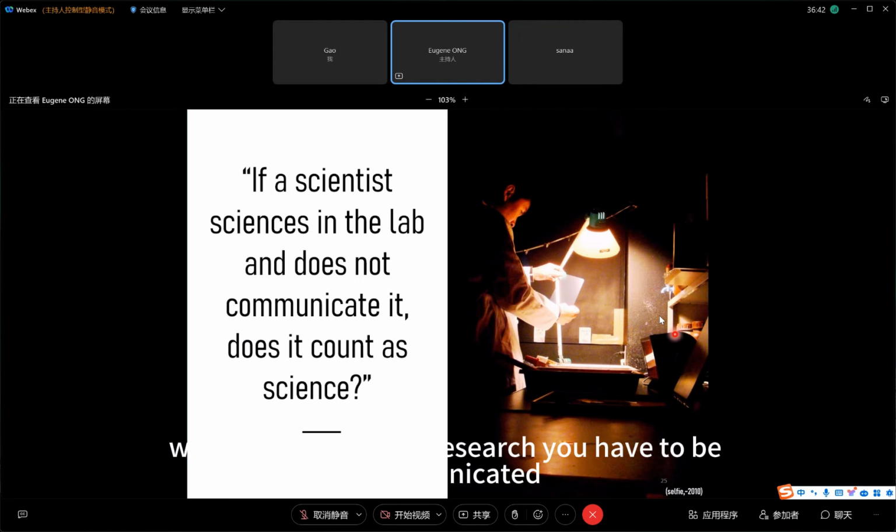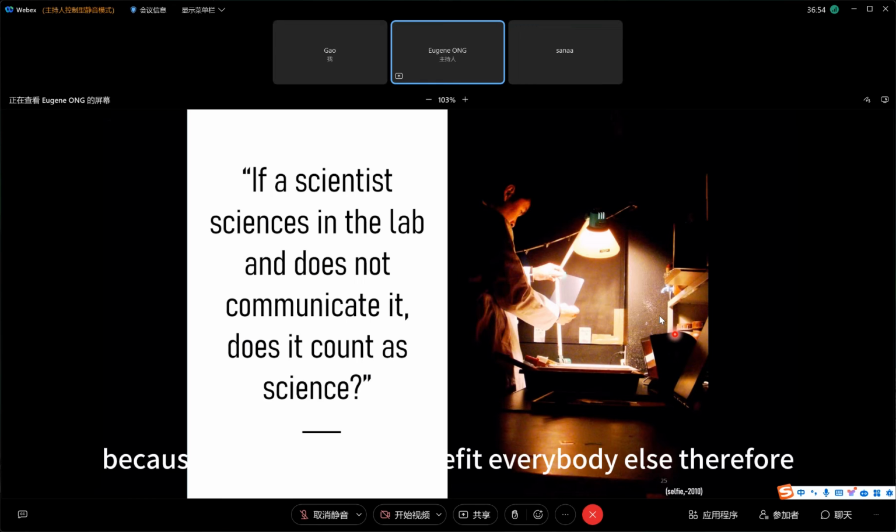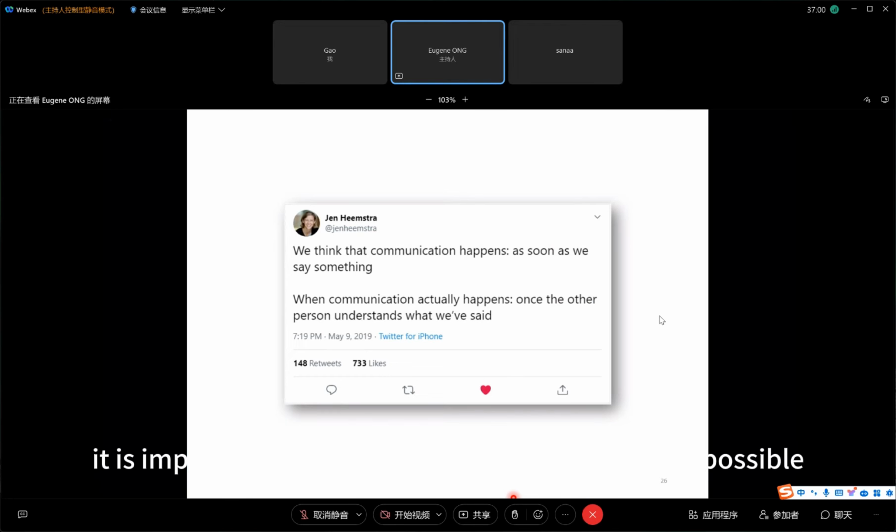So whatever we do in the lab or in research, it has to be communicated or else it's just for yourself and your supervisor, right? Because research is to benefit everybody else, it is important that we communicate as clearly as possible. We think that communication happens as soon as we say something.